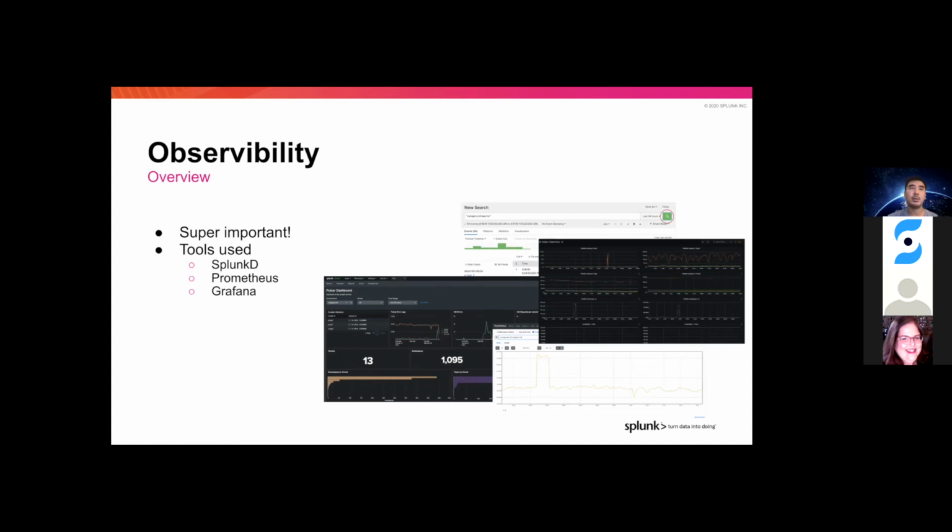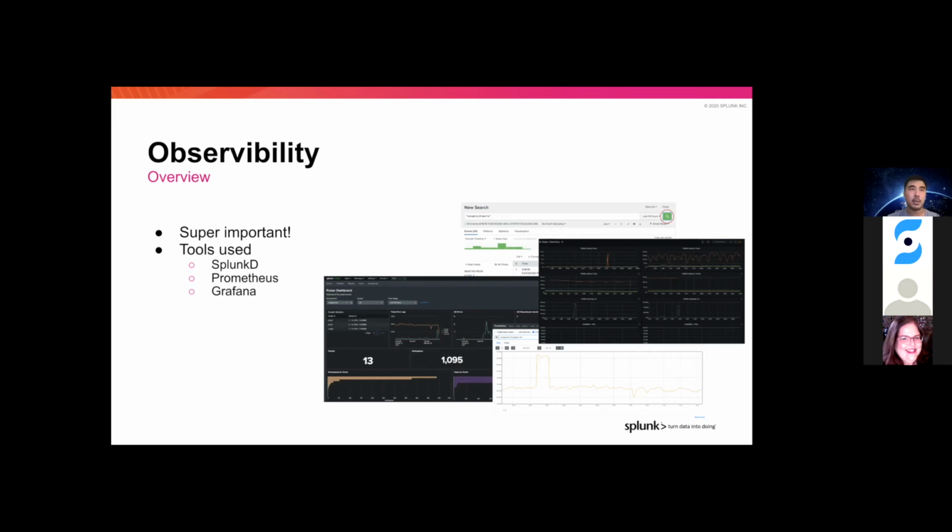Some of the tools that we use for observability are Splunk indexers. Obviously, we dog food our own platform at Splunk. So all of the logs from Pulsar and Flink are sent to Splunk indexers that developers can query to see what is going on in terms of logs for those platforms.